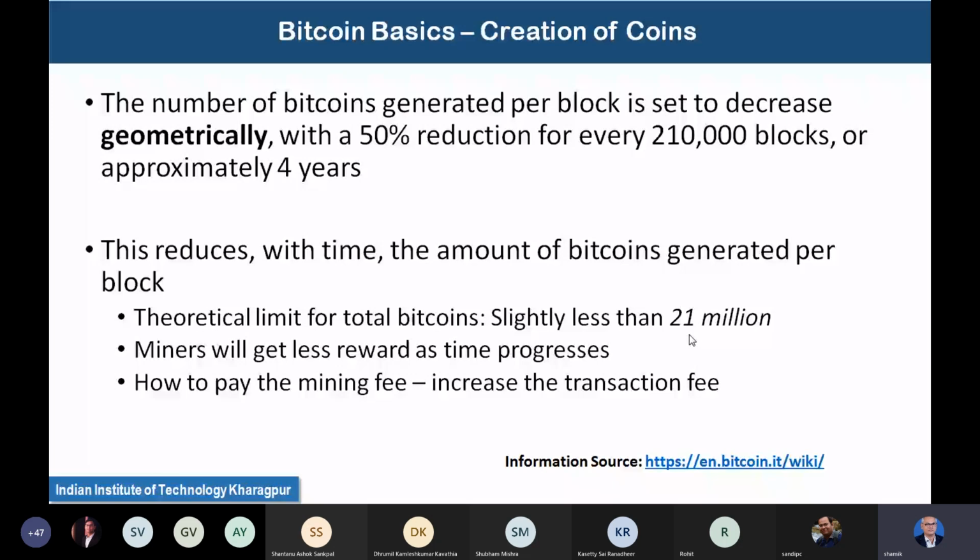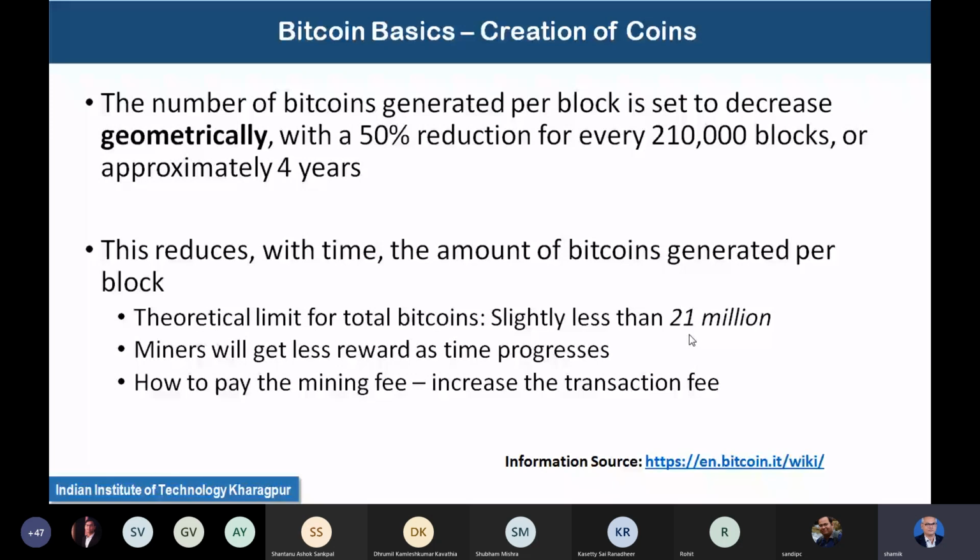Otherwise, if every time you create new blocks and you keep getting new bitcoins in circulation, then the value of Bitcoin will be coming down. So in order to maintain its value, it is ensured that the reward that you get is not going to remain the same. Rather, it will be reducing every 4 years by 50%.